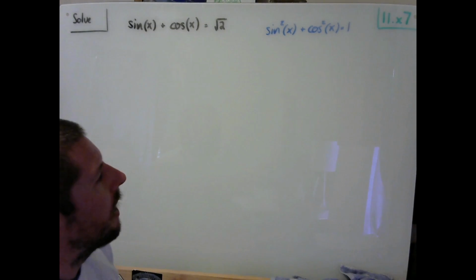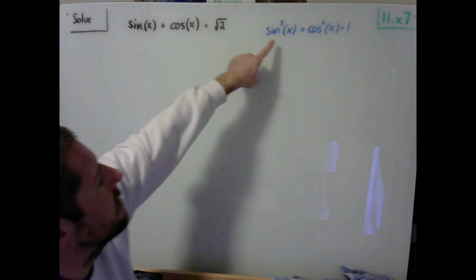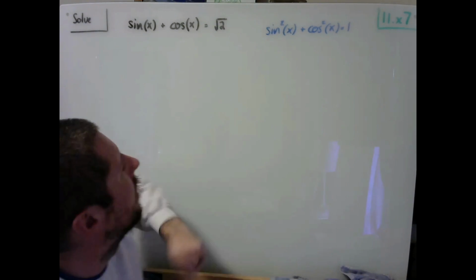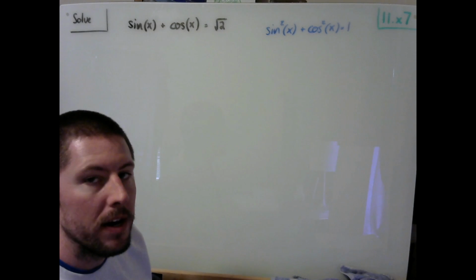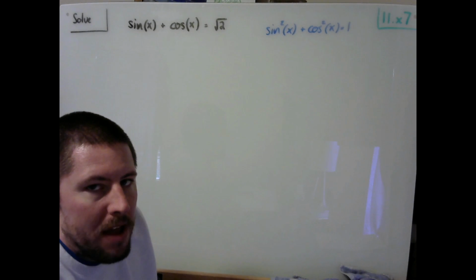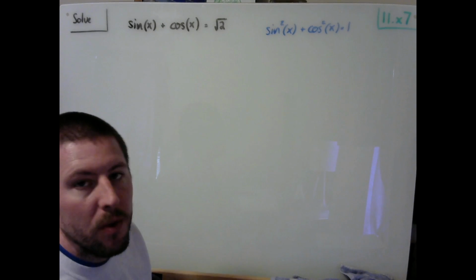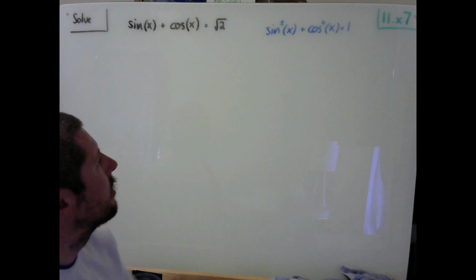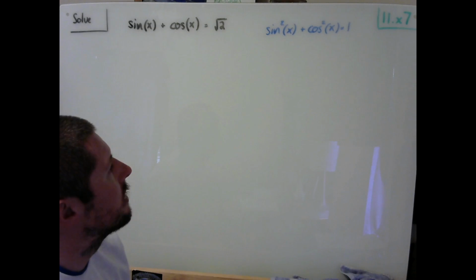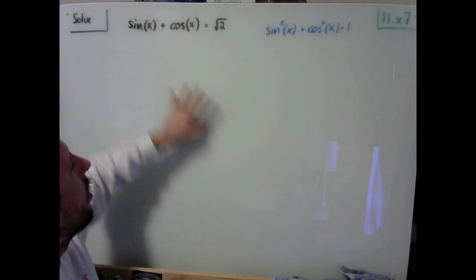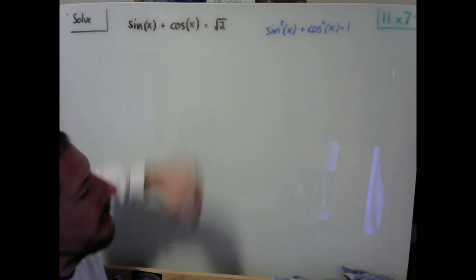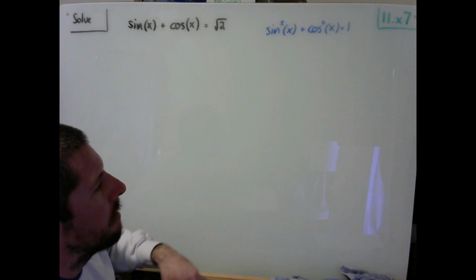On the other hand, what I see here is that these require these terms to be squared, whereas over here we don't have squared terms. But we have an equation, so it seems reasonable to me that we can manipulate this equation in any way that we want, as long as we do it evenly to both sides. So what I'm thinking here is this: the only way that I know how to rewrite any of these terms, based on what I've seen in my formula table, is this.